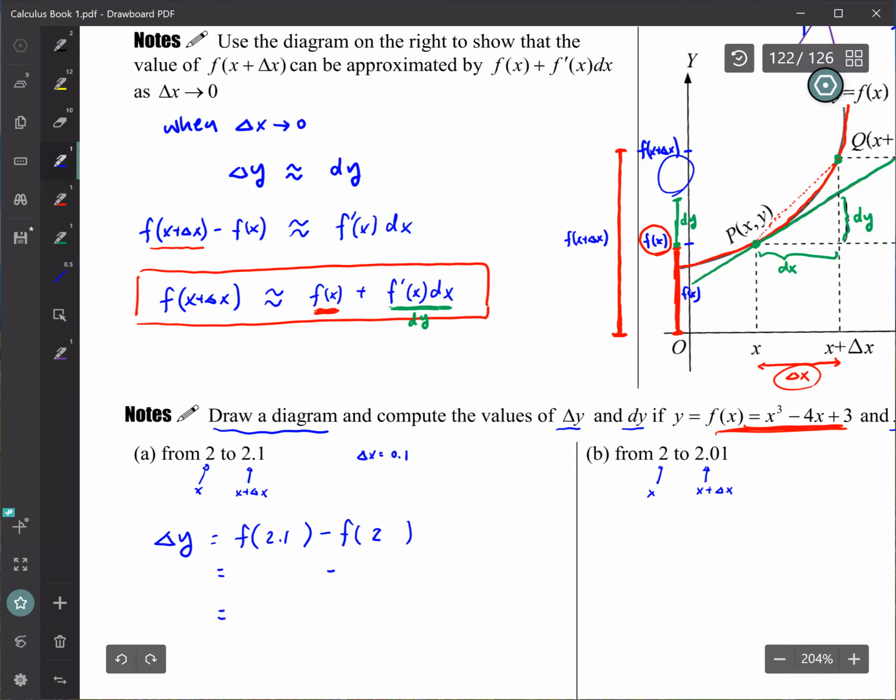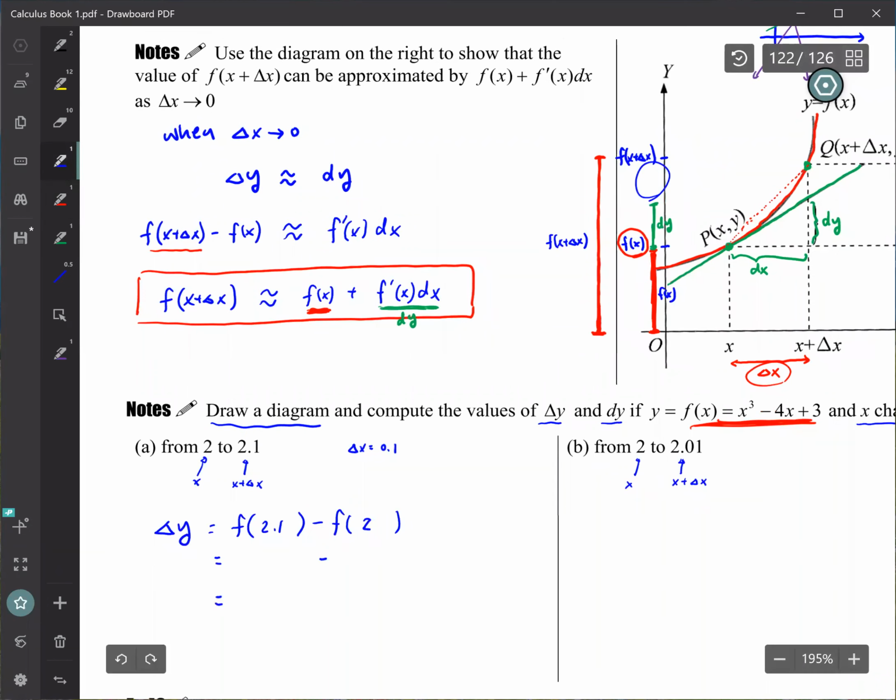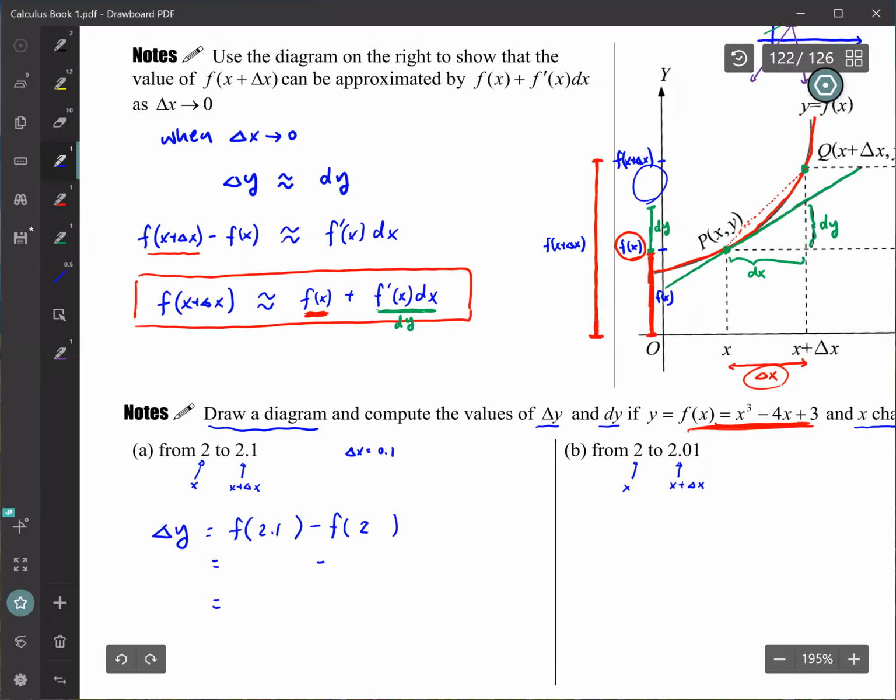Okay, and subtract them. Please raise your hand if you found the values.